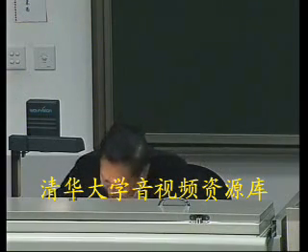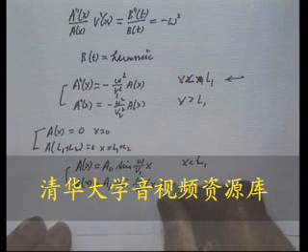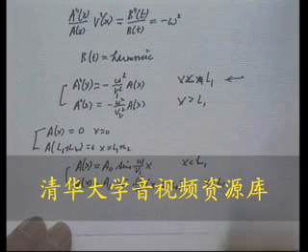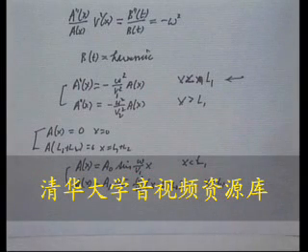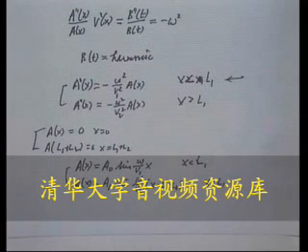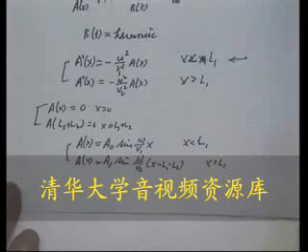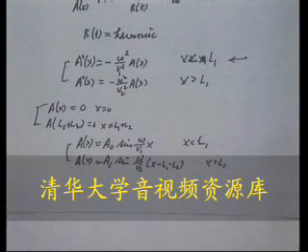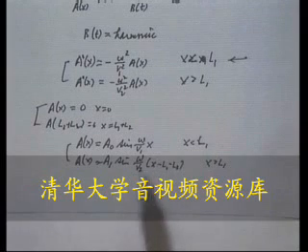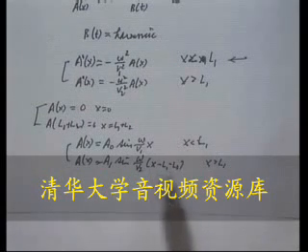So obviously it's this. Because if we write it this way, when x is equal to L1 plus L2, automatically it is 0. In other words, the way we write it already has the boundary condition built in.